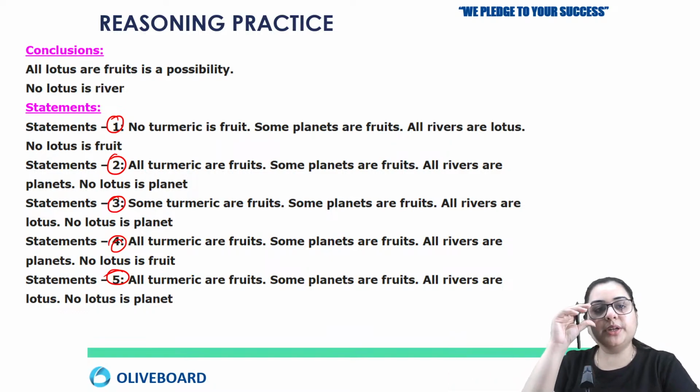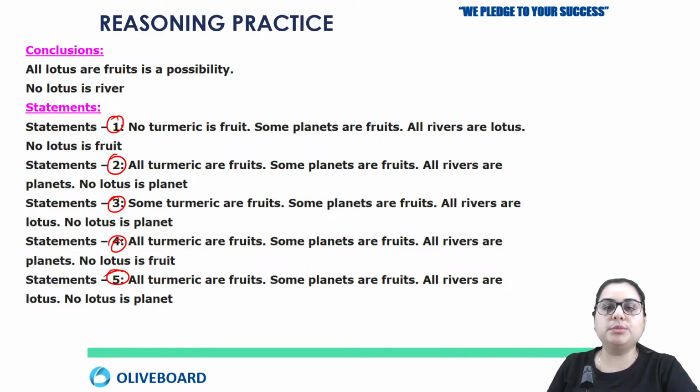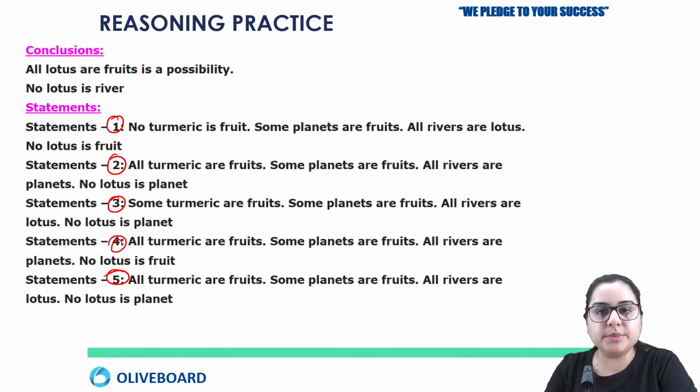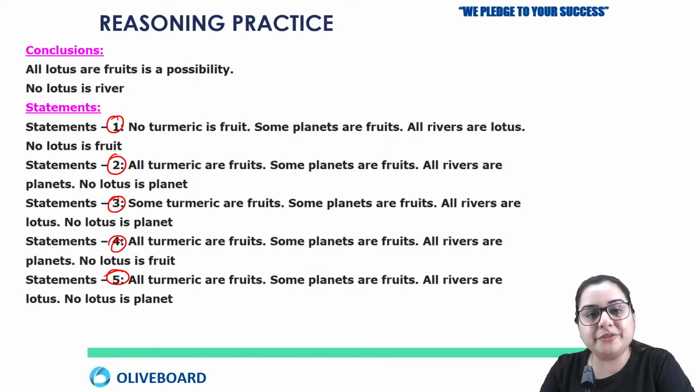So what we do here is, now this is a reverse syllogism, the most important part. Even we have coded syllogism, but I feel that coded syllogism is also easy, just like the direct questions. The only technical part is your reverse syllogism. So first, always remember, we need not make the diagram for the conclusion. We always make the diagram for the statement. So are we going to make the 5 diagrams here? No, that is not the need.